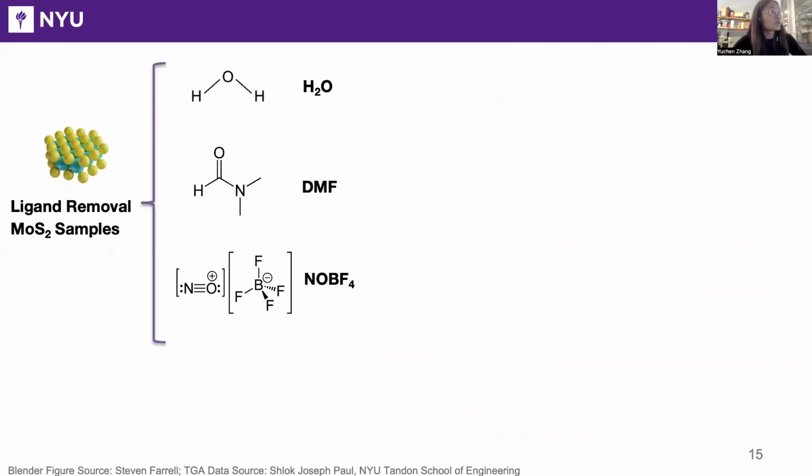Another thing we were concerned about is that when we measure out our catalyst by mass, some of the mass might be moisture from air on the surface, or DMF, or NOBF4. We want to account for that weight, so we can always use the same amount of catalyst in each reactor run.